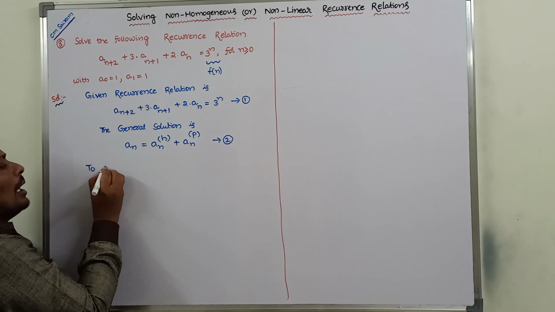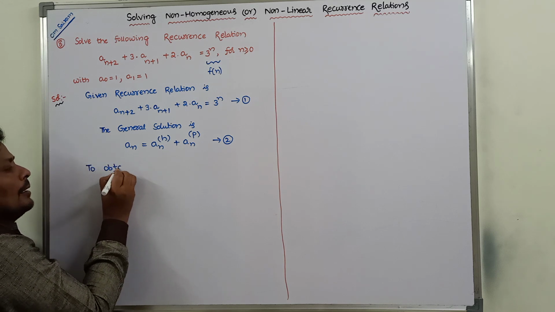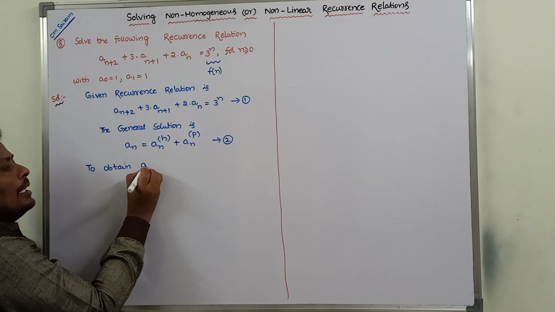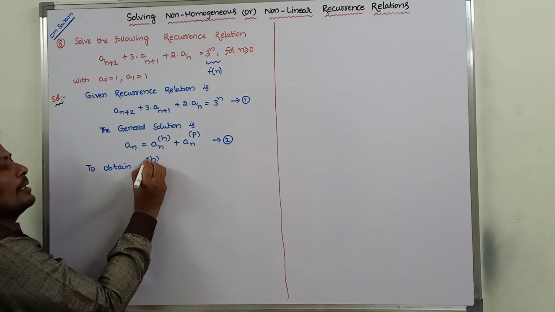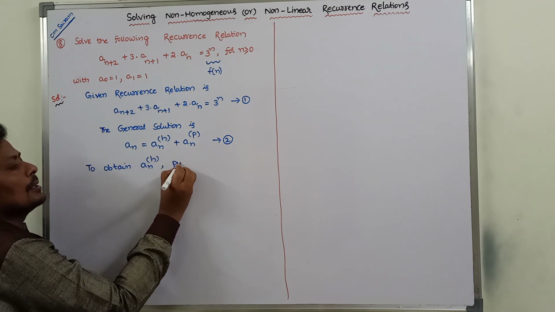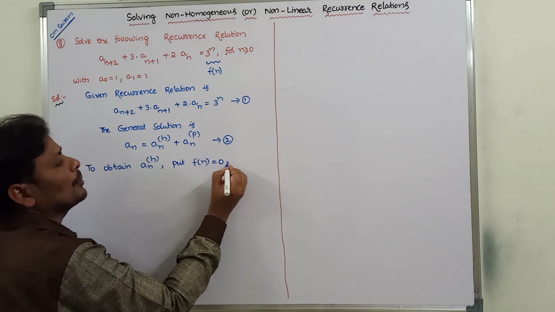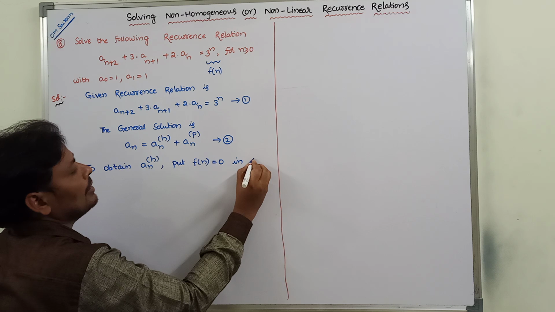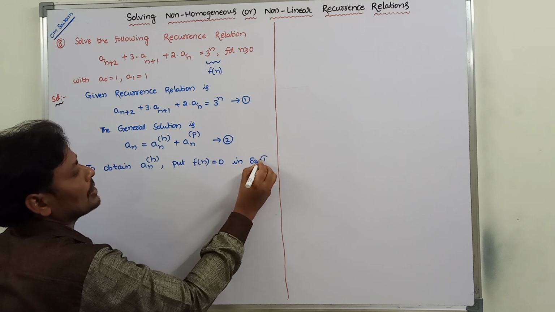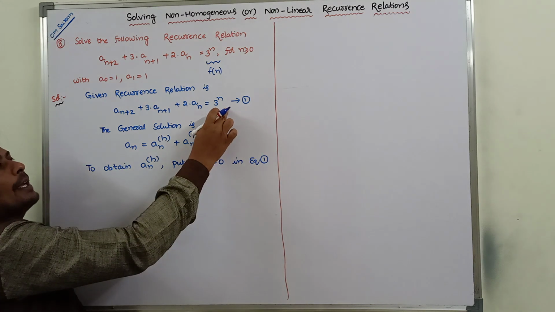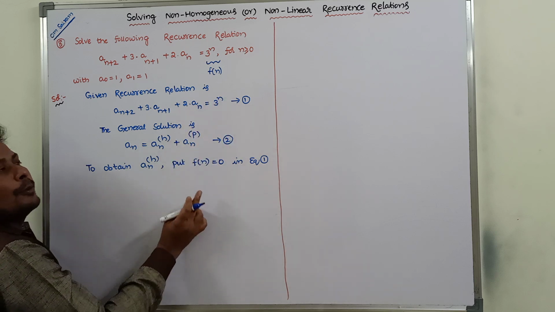So now to obtain a suffix n power h, put f of n equal to 0 in equation 1. This is the equation, and this is the f of n value.